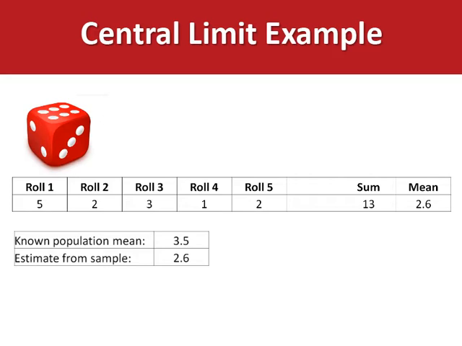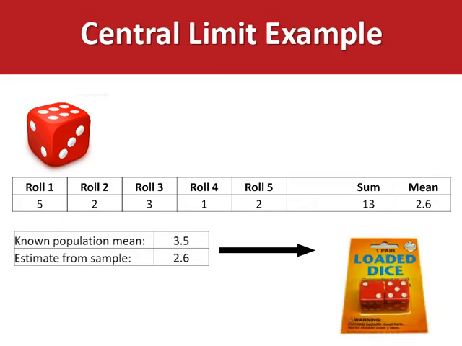So the question is, is the difference between our estimate and the known population mean too big? And this difference really has 2 possible causes. One is that the die is not fair, and thus the mean value is not equal to 3.5, as we would expect from a loaded die.